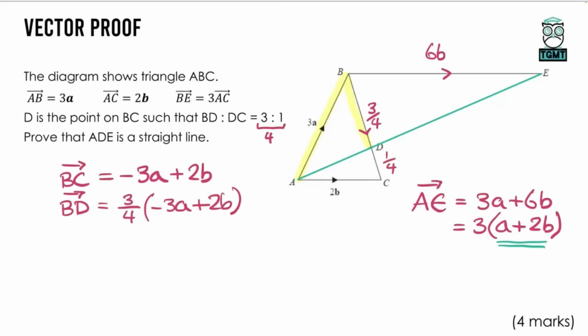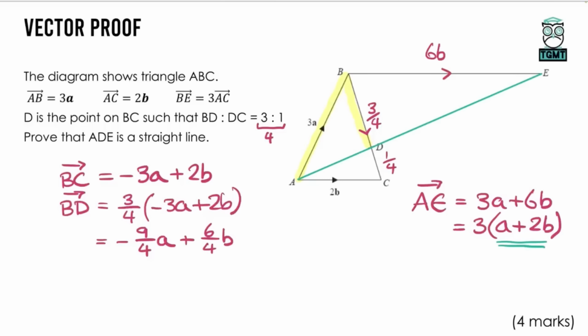If we expand this bracket, we're just going to multiply the numerator by the coefficients of a and b here. So we get minus 9 over 4 a, just timesing that 3 by 3, plus 6 over 4 b. Now I don't need to simplify these fractions or try and be fancy with it at the moment. I just want to write the vector down, and I've got my vector b to d.